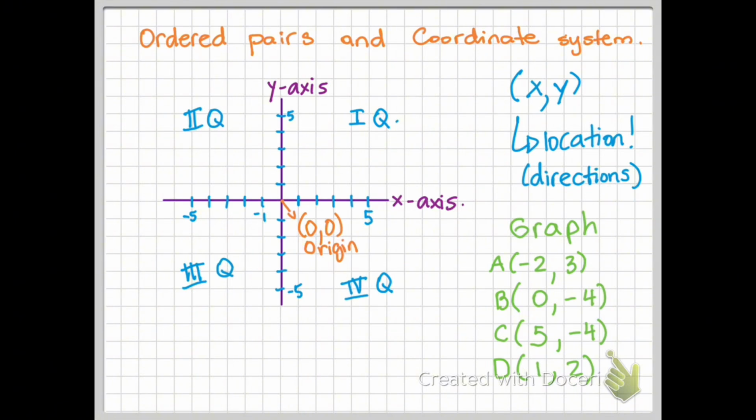So let's graph these points. We have point A at -2, 3. So again, remember, we're going to start with x and then we're going to do y. So imagine you are at the origin and you have to walk -2 first on x and then 3 on y.